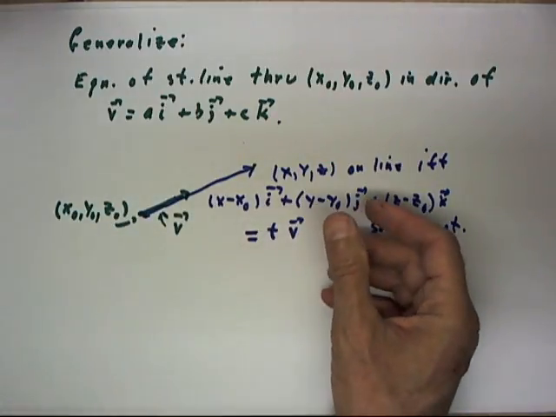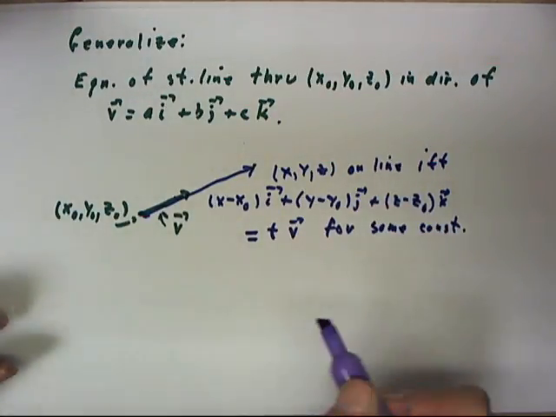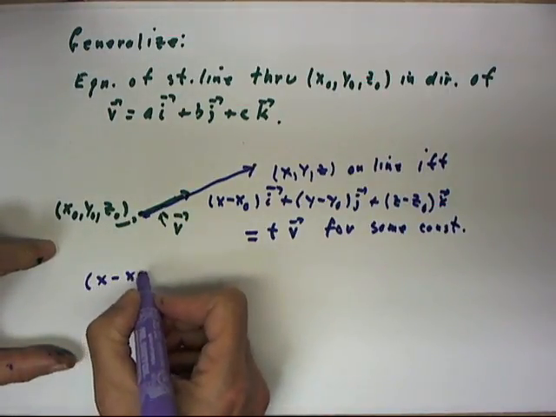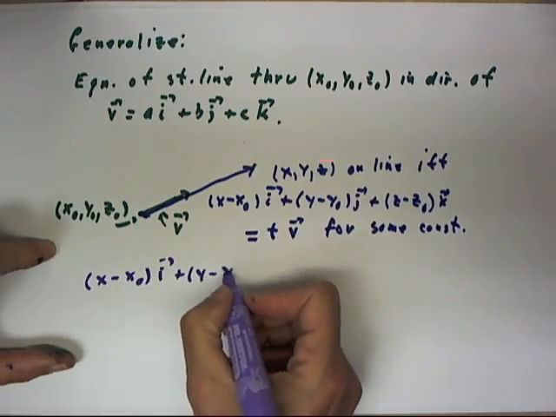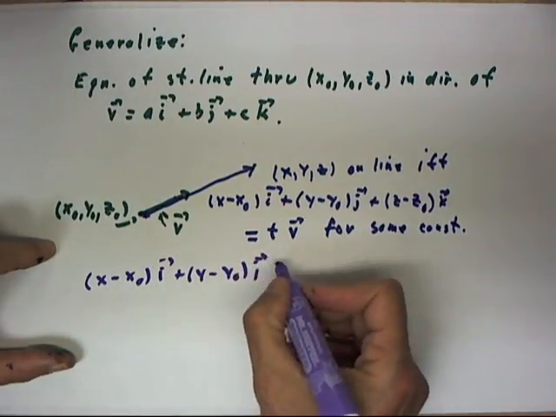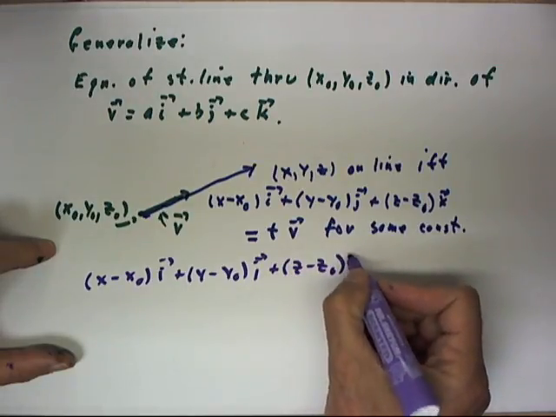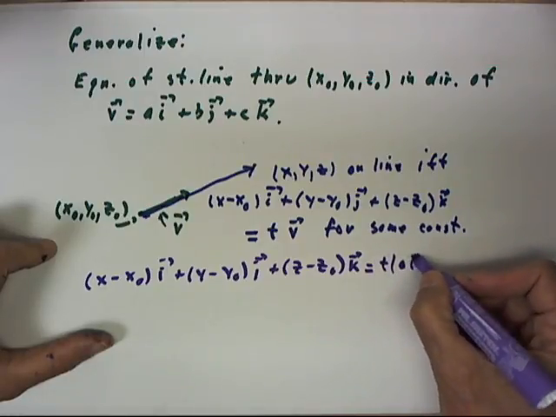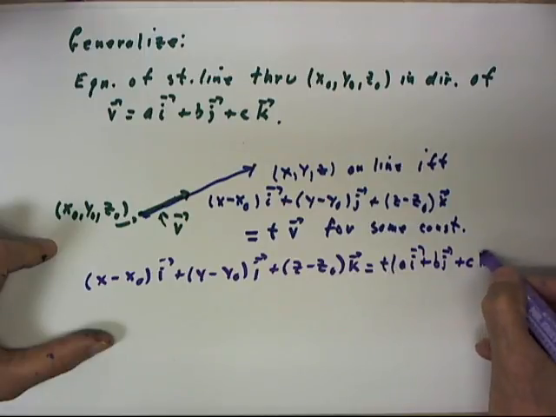Now, that equation, if we write it out, becomes x minus x naught i plus y minus y naught j plus z minus z naught k equals t times ai plus bj plus ck.